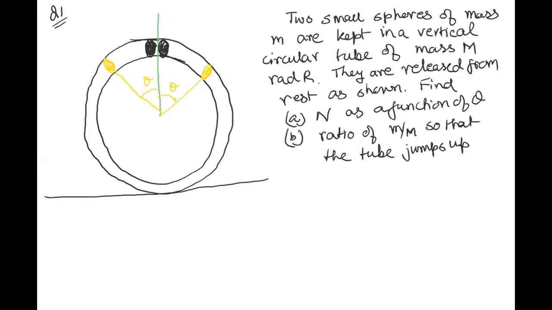That is what you have to realize. So whatever normal reaction expression you get, for cosine inverse 2 by 3 it should become 0. That is the check. And this is valid for all circular and spherical and hemispherical surfaces.